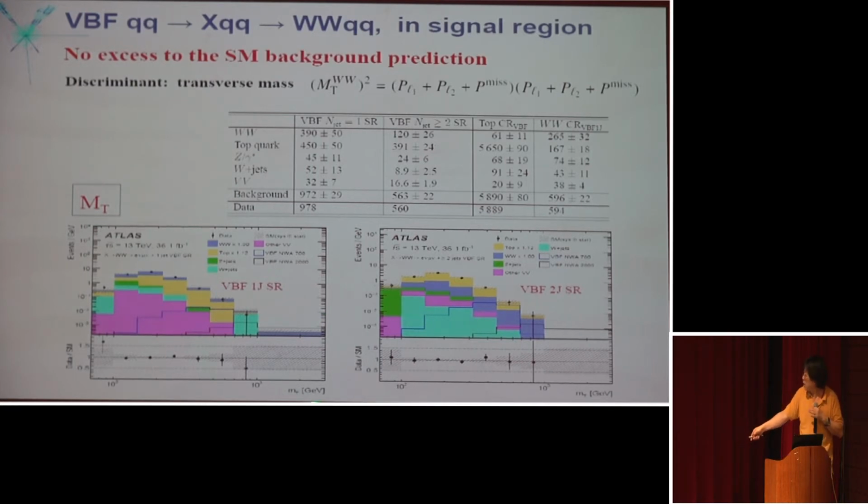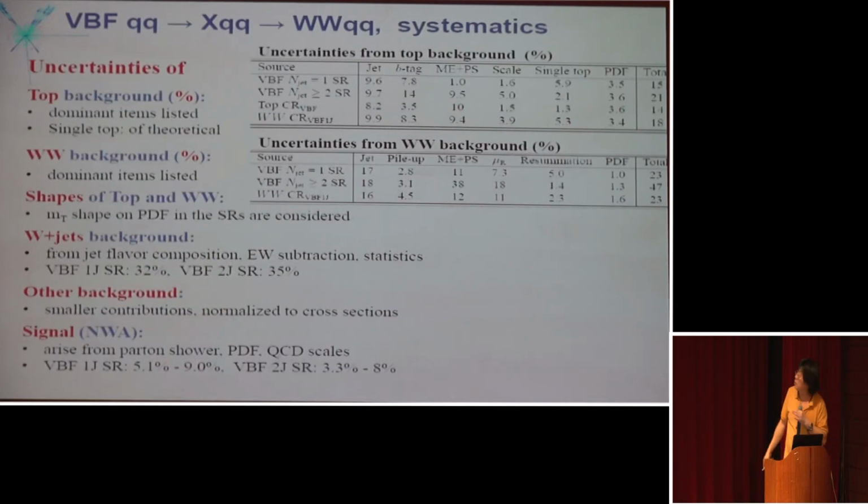So if we look at the transverse mass, that distribution also agrees very well. This is logarithmic, so if we blow it up, this is the difference in ratio. Other than this being at the high end, everything is really quite good. On systematics, there's a table showing all the possible uncertainties evaluated for the top background from different categories.